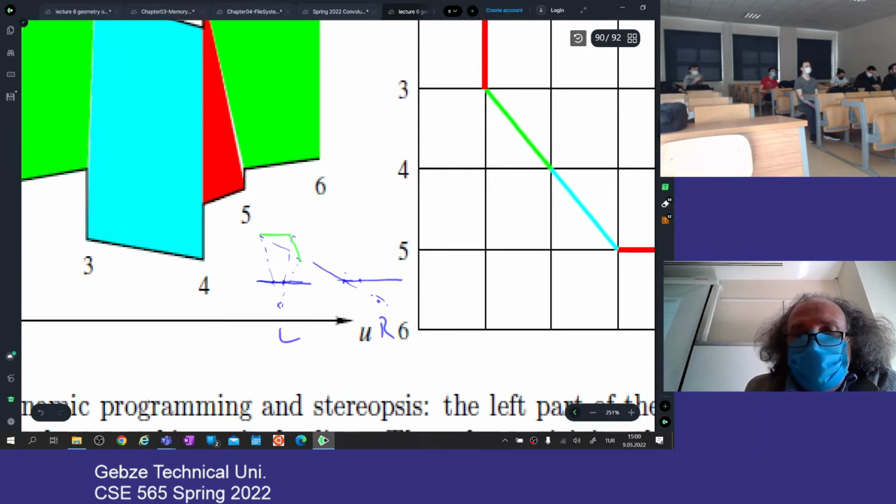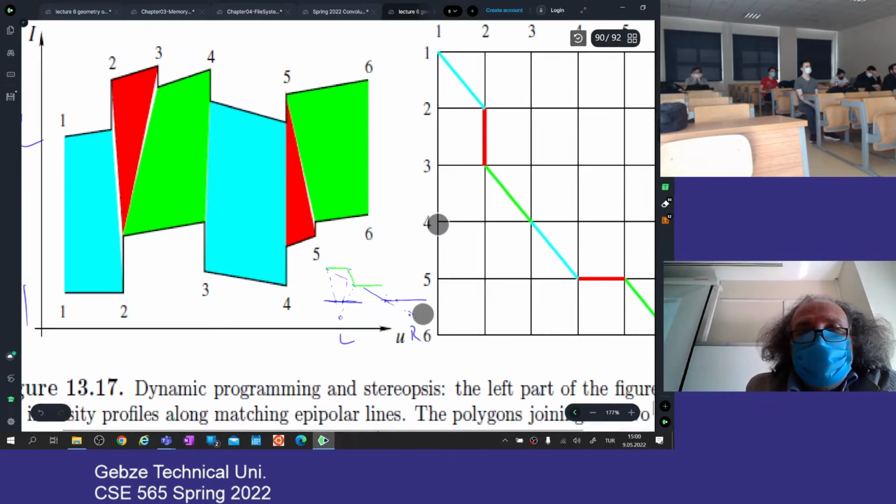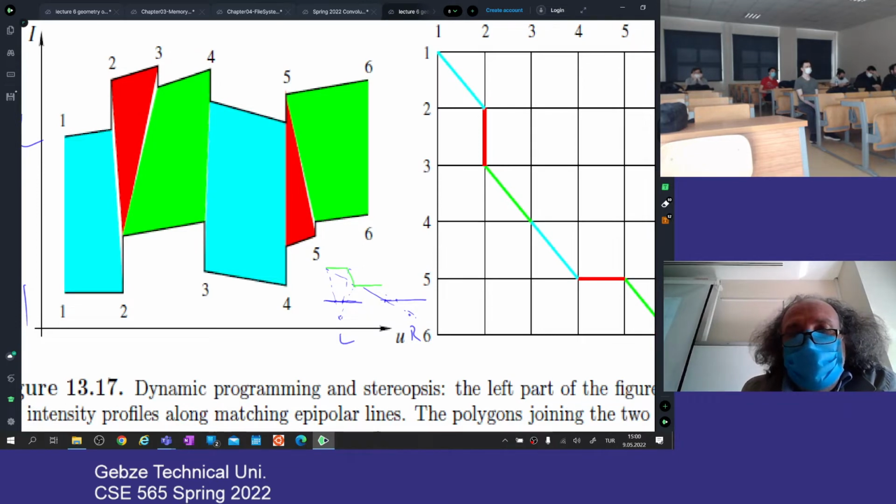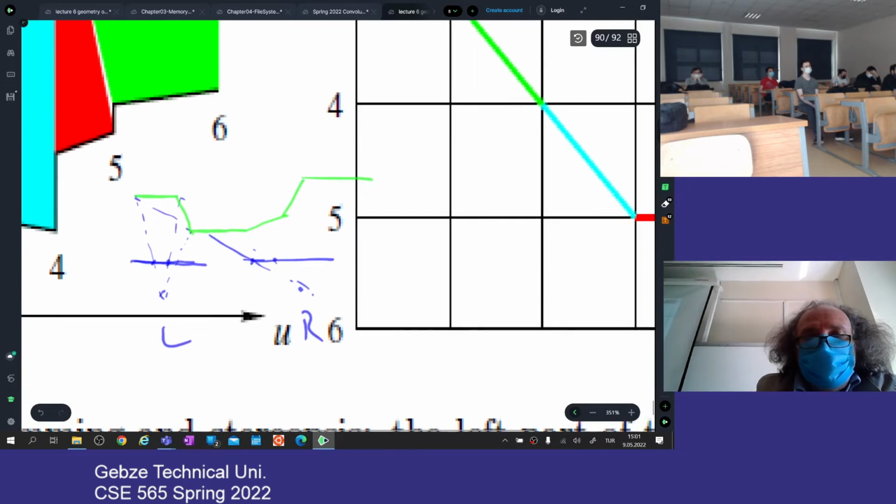It will be visible for both of them again, and then maybe a little bit slanted like that. It will be visible for the right and left, but it will be more visible for the right. And then I have this. This time this will not be visible from the left, but it will be visible from the right. And then this.